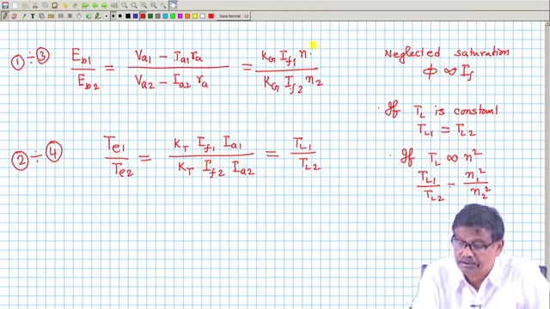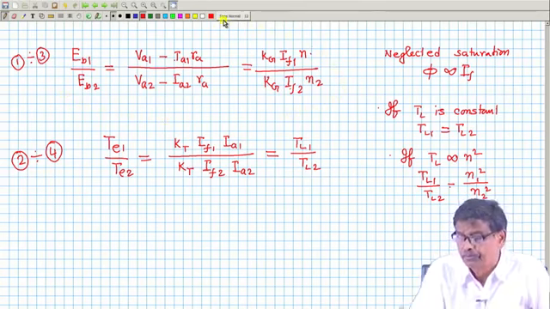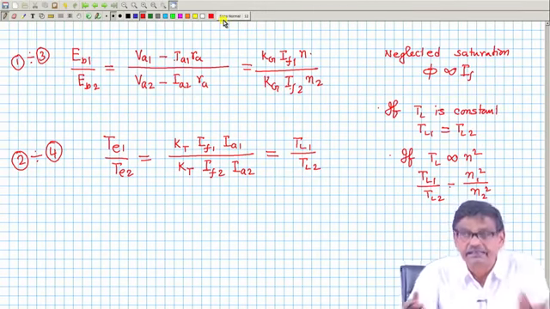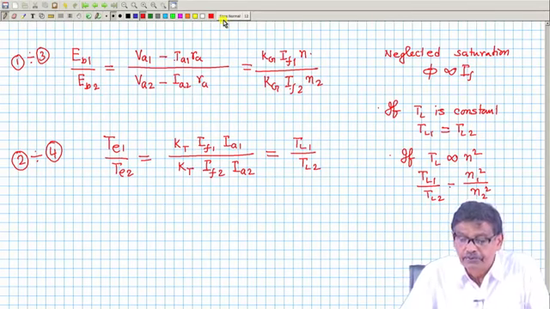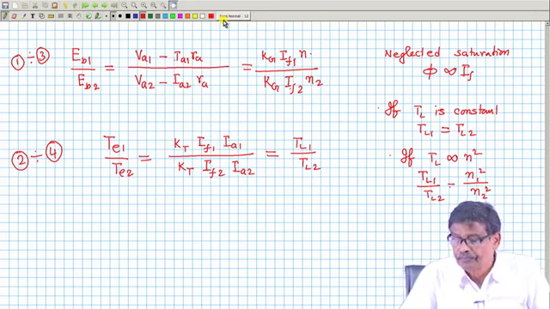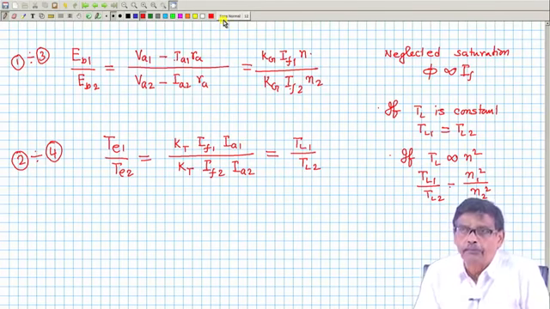These two are the most fundamental equations we have to solve in case of DC machine and take the ratios, that is back EMF equation and the electromagnetic torque equation, and we can solve problem.